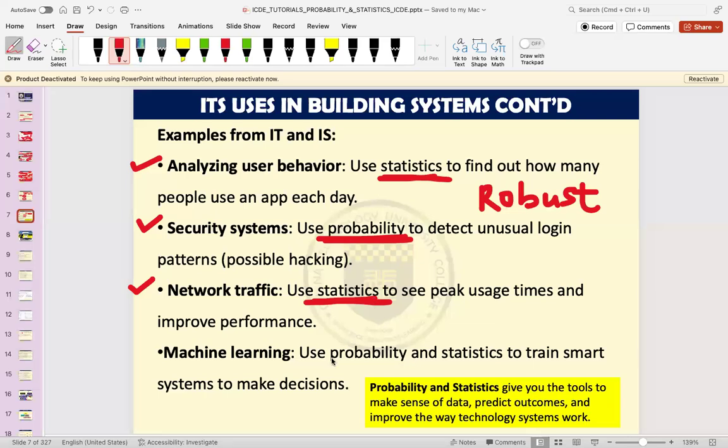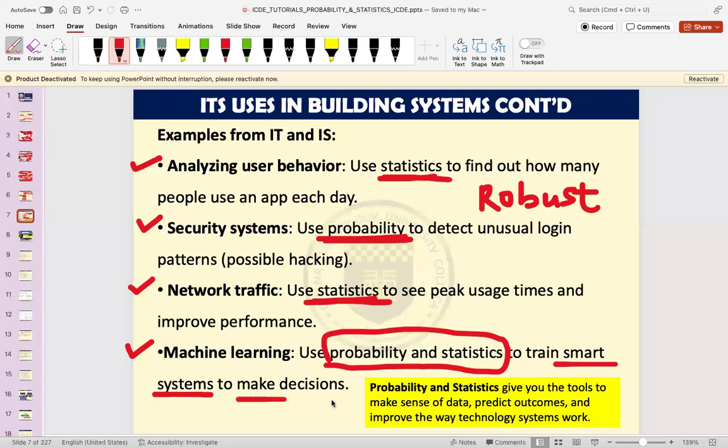And then the modern way of doing things, looking at how machine learning works. If you want to understand the basics, then this time we need to use both probability and statistics to be able to train all the smart systems we develop in order to make decisions.